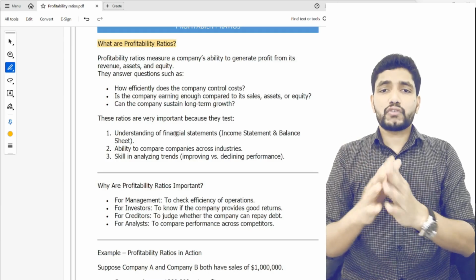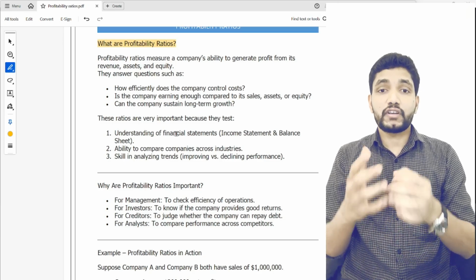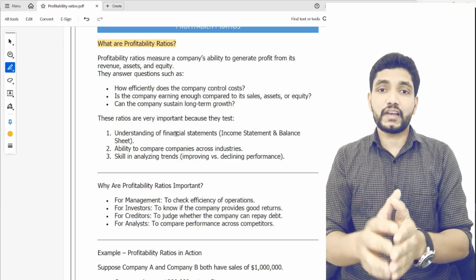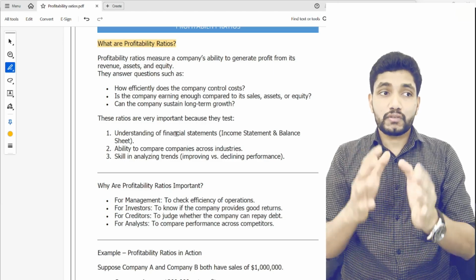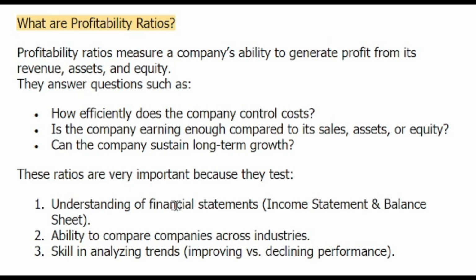Profitability ratios are very important to analyze the income statement, especially the profit and loss account, and also some components of the balance sheet like assets and equity. They also help compare companies across industries, and help to analyze the trend of financial performance.